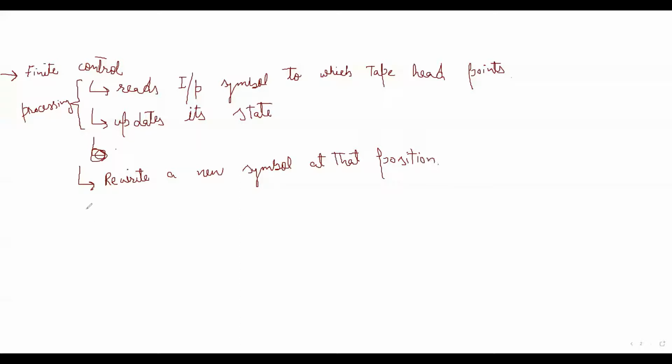The second thing is that the tape head moves, either in the left direction or in the right direction.